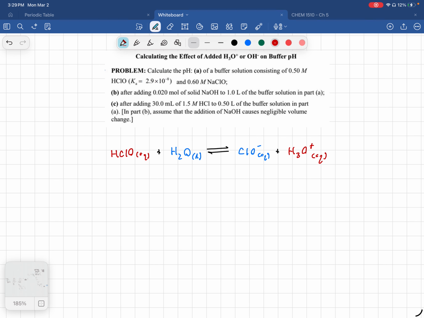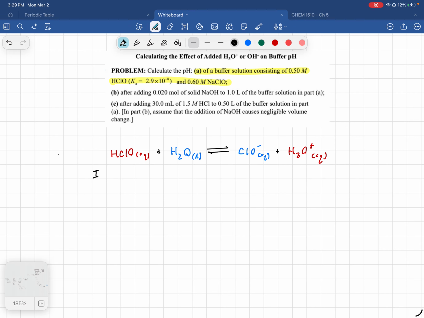Now, what makes this a buffer, as we're going to see here, is that we have non-zero concentrations of both the conjugate acid and the conjugate base. So for part A here, we're just going to calculate the pH of this solution, right?